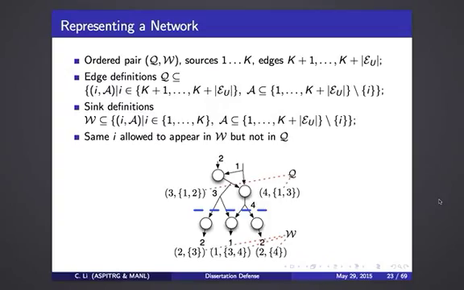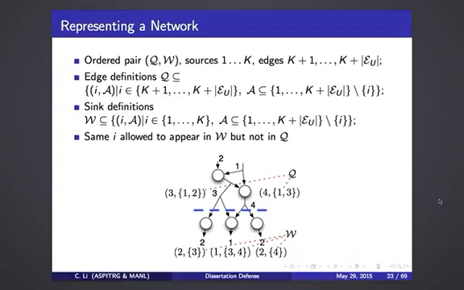So we label the sources as 1 to K and the edges as K+1 to K+E_U. Then Q is a collection of (i, A) pairs where i is from K+1 to K+E_U, representing the edges, and A is a subset of the other edges and the sources. So basically Q encodes the topology of the network except the sink nodes.